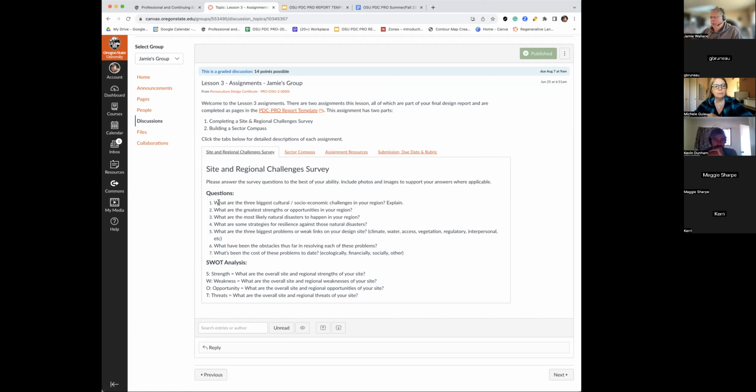We're looking at 2 things, of course. We're looking at some of the site challenges, which is a really important part of our site analysis: identifying those strengths and weaknesses and some of the challenges associated with those.